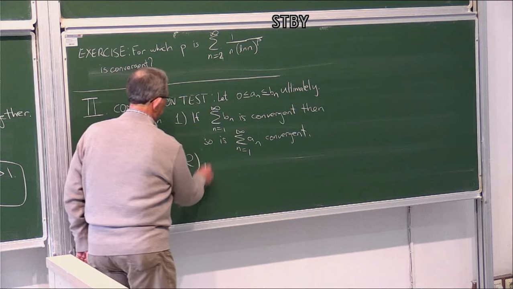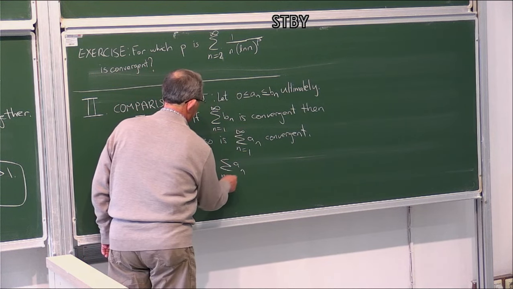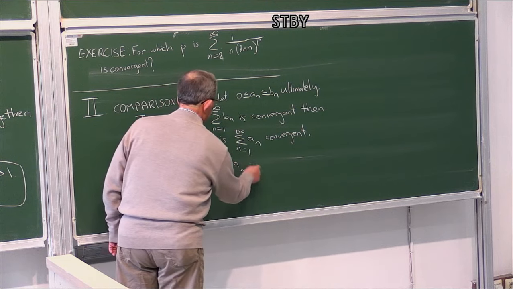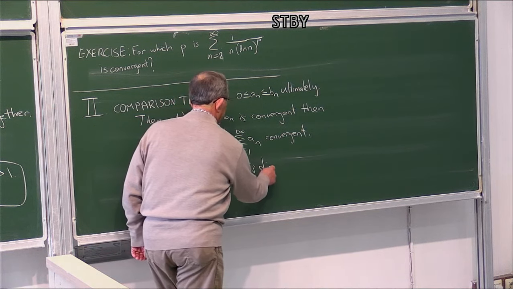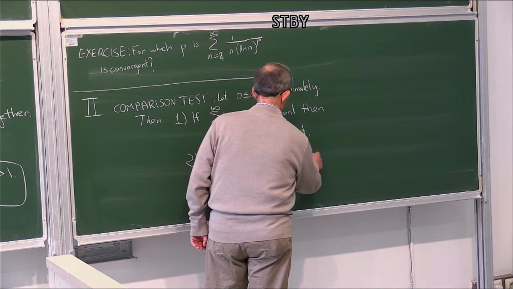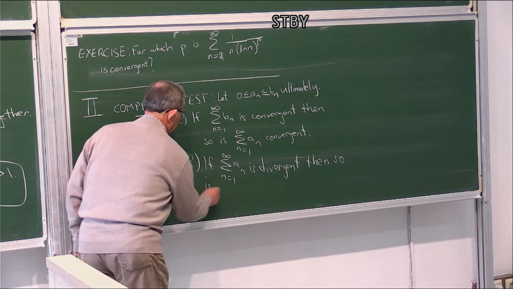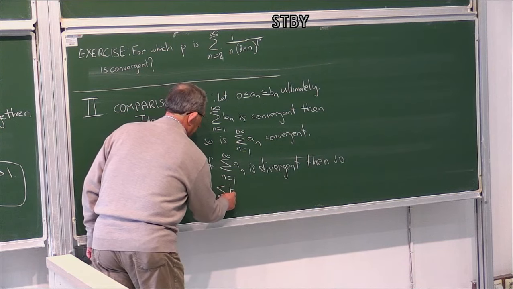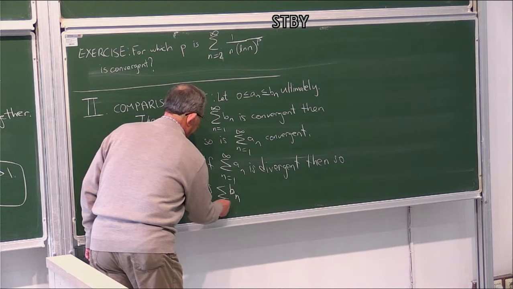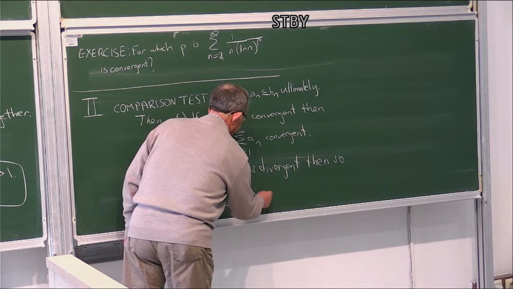And 2, if the series of a_n is divergent, then so is the series of b_n, divergent.